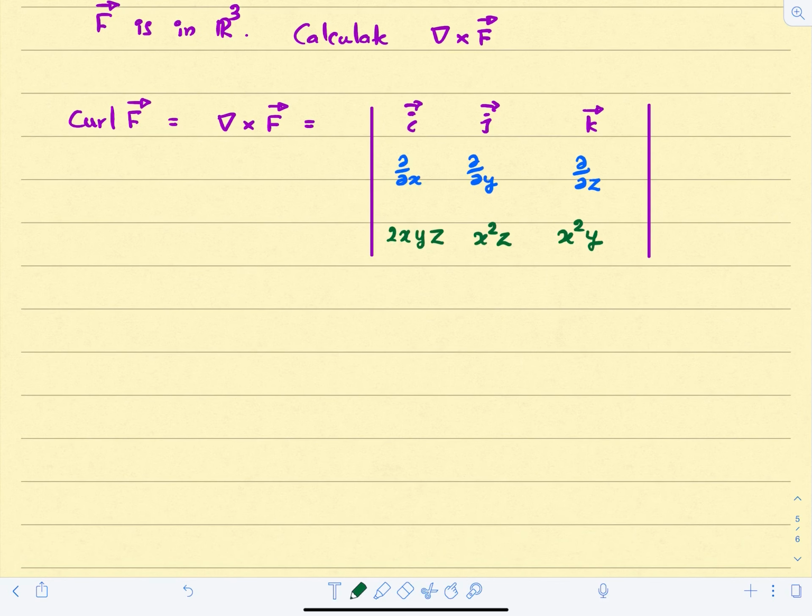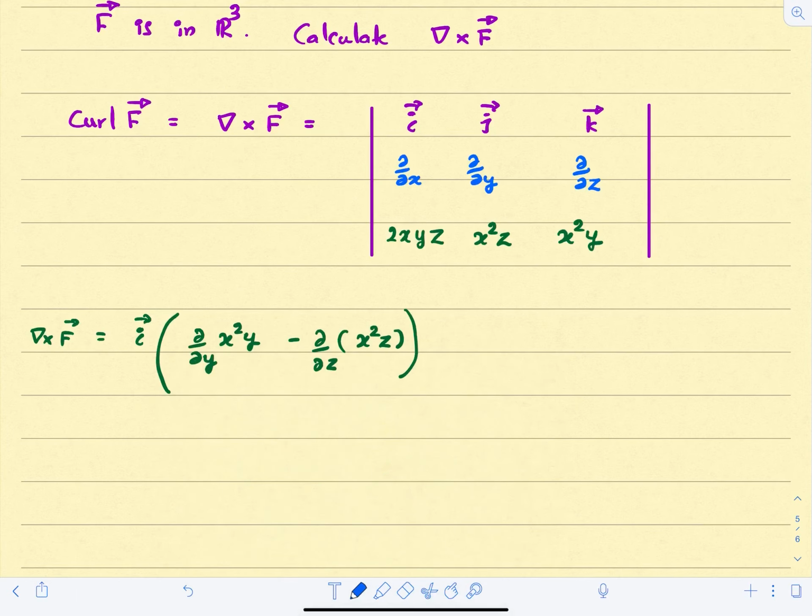Now curl of this vector field, so grad cross F, equals i times partial over partial y of x squared y minus partial over partial z of x squared z. That's the first part.